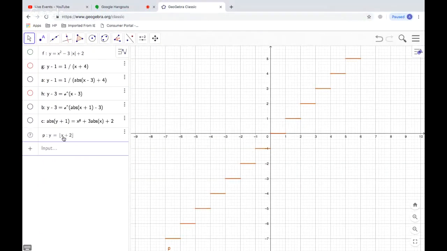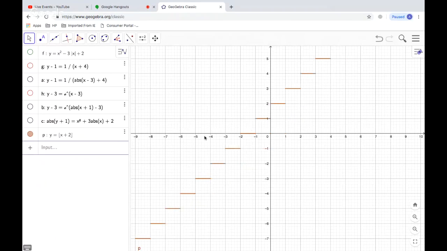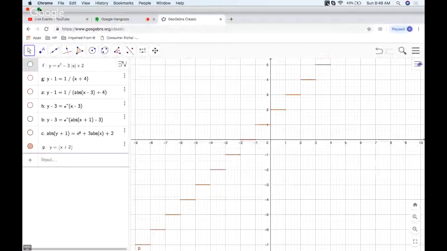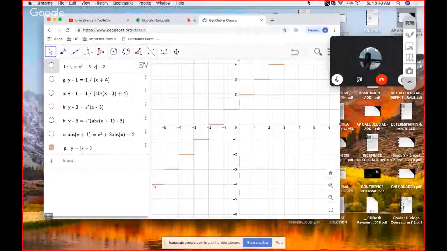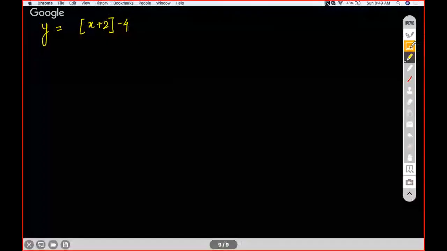As you can see, the graph will shift 2 units to the left. Next, what is the other operation that we are supposed to do on this? Minus 4.